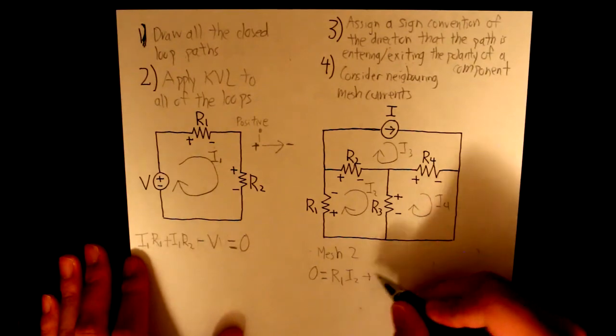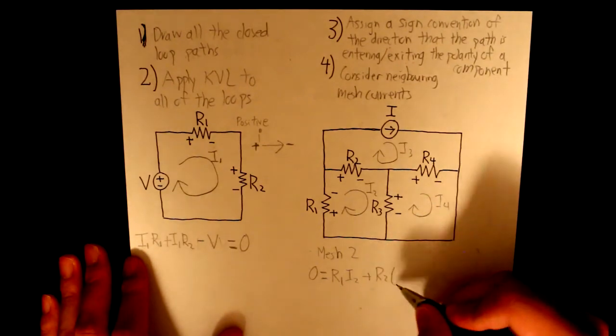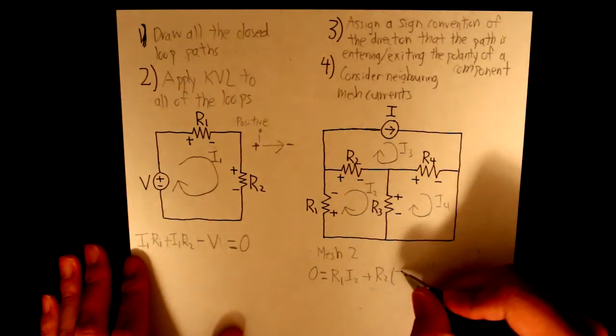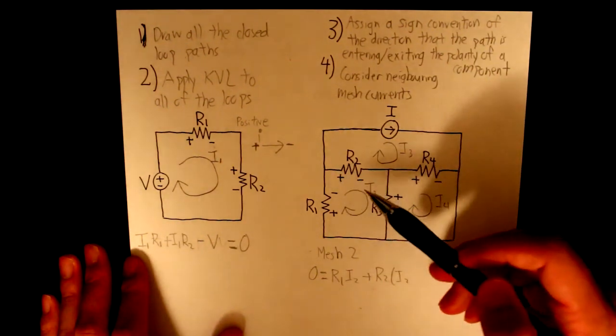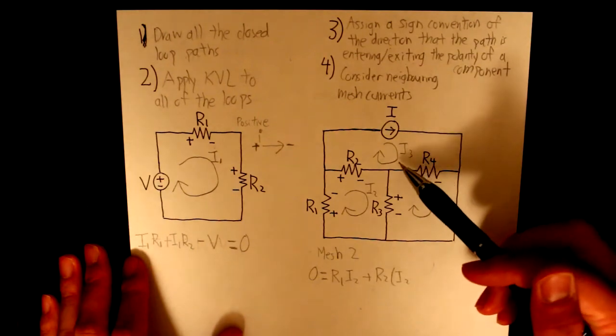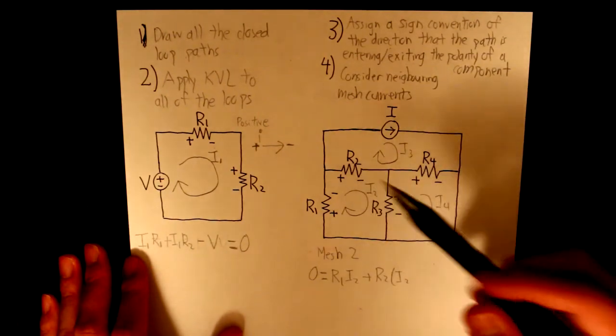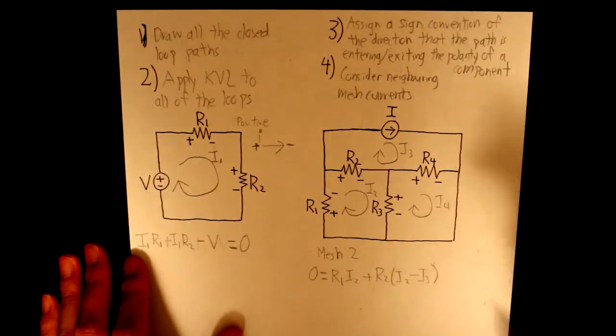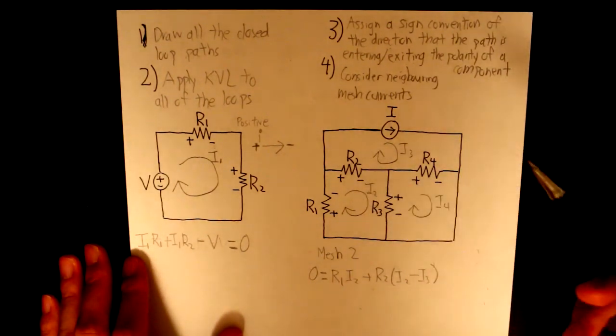So we have to consider that as well. We take R2 multiplied by I2, and it is positive because it is flowing from plus to minus. But I3 is flowing from negative to positive, therefore it's going to be minus I3. And there we get R2.